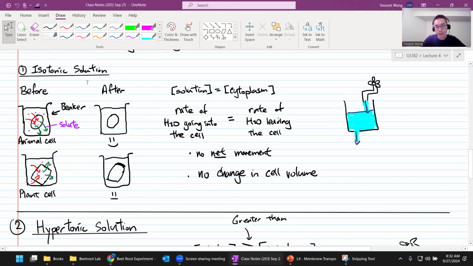Isotonic is a situation where the concentration outside and inside of the cells are balanced, and so there's no net movement. If we focus on animal cells for now, our cells are best placed in an isotonic environment.